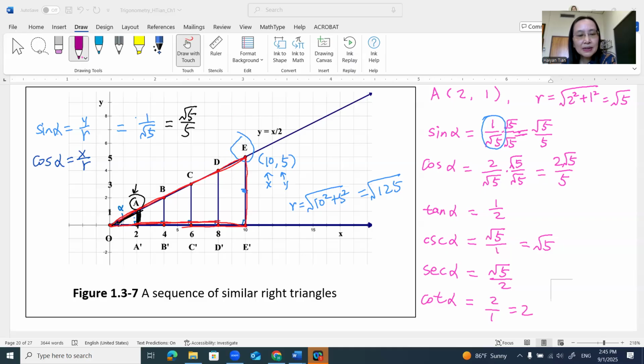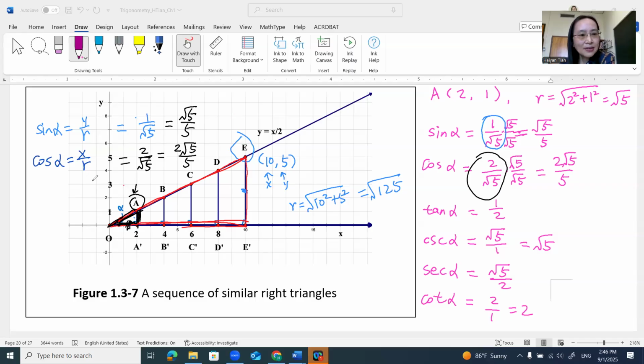So that is the x over r, which is the same for the smaller triangle. This x, which is 2 over the corresponding r. So that is the value we're still getting. So 2 over square root of 5. After rationalizing the denominator, we have 2 square root of 5 over 5.